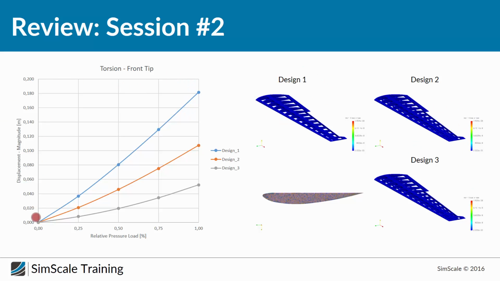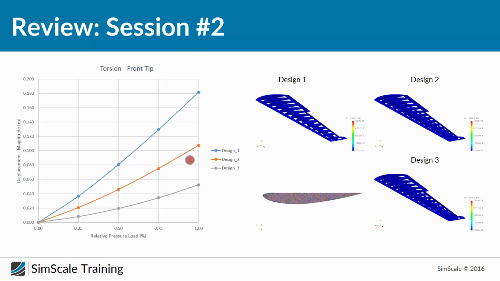So here I'm plotting the displacement magnitude of the point against the relative pressure loads. As you know, this torsion load has two components. It's a torsional moment we are applying on the wing, and both forces are scaled the same way and have the same magnitude.